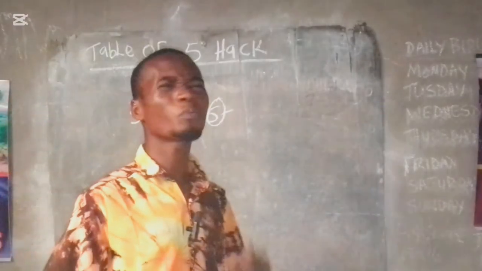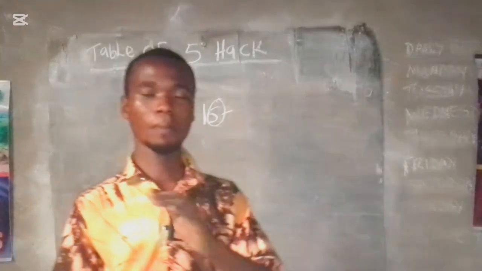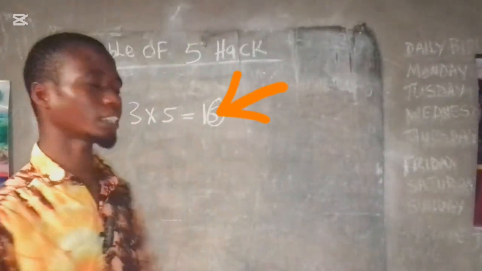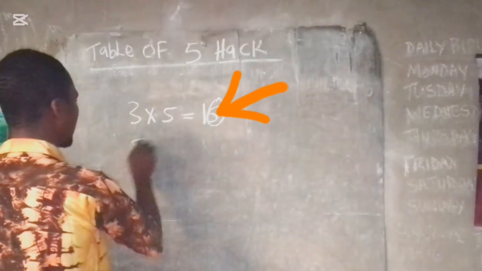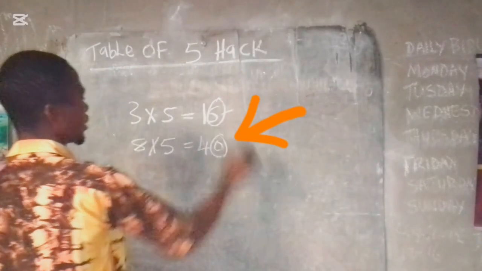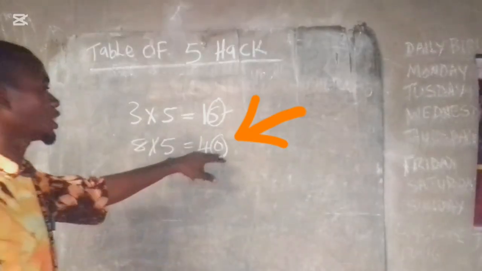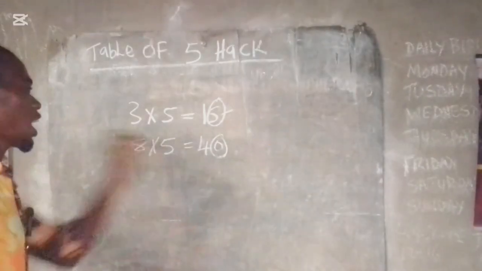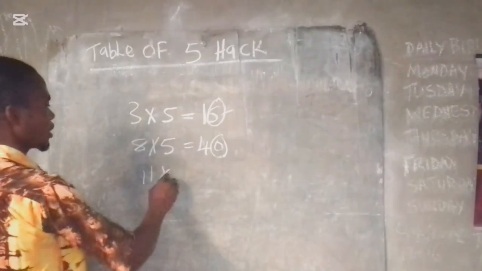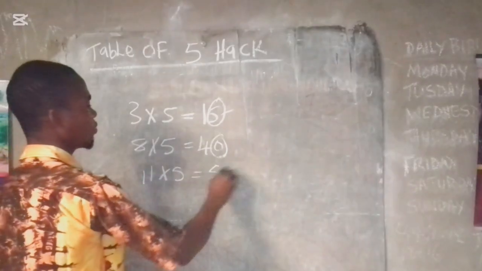So whenever you multiply 5 with any number, the answer ends in 5 or 0. Let's take another example: 8 times 5 is 40. The answer ends in 0. Another: 11 times 5 is 55.